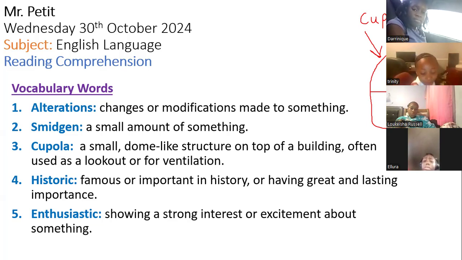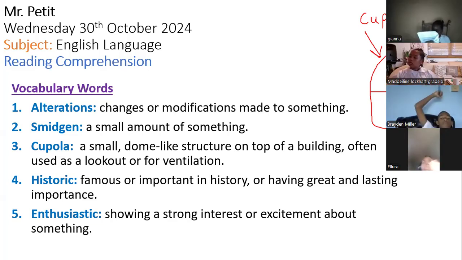And Tajane, what's your favorite word and why? My favorite word is also enthusiastic because I'm very enthusiastic about a lot of stuff and I like being happy. All right, thank you. And Alora, what's your favorite word and why?